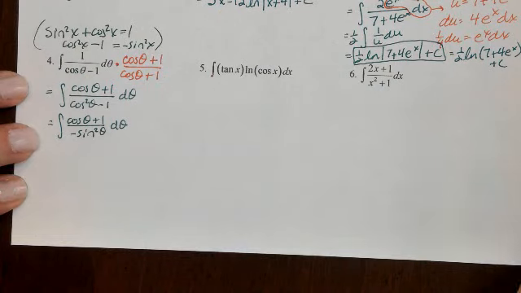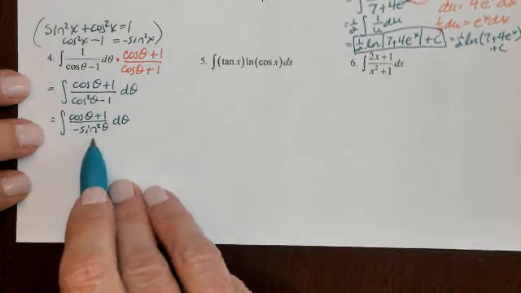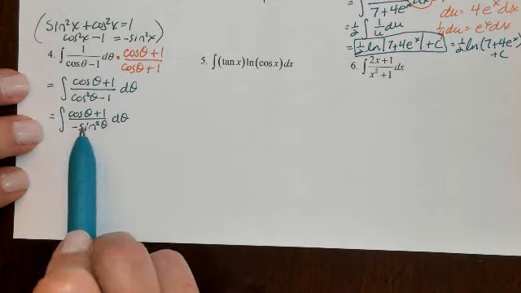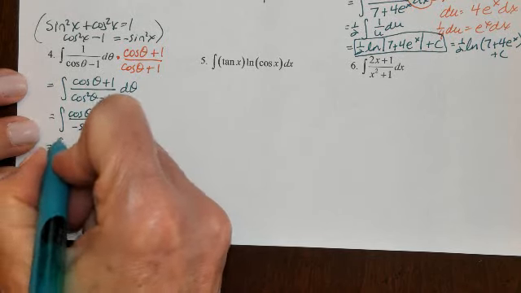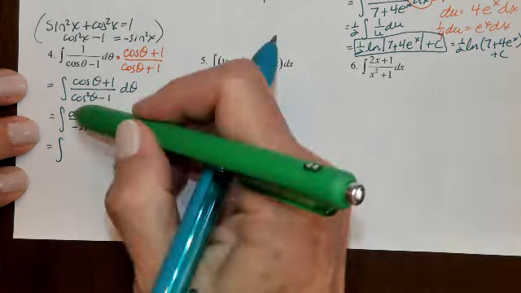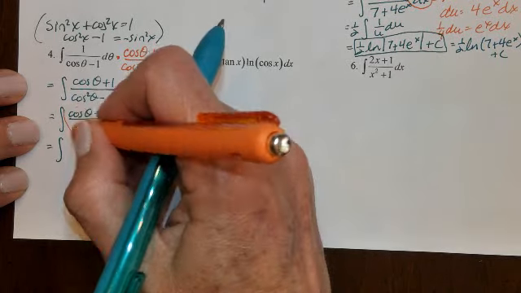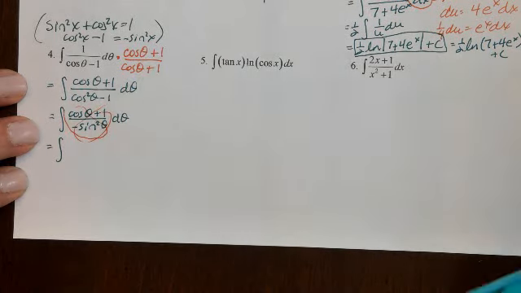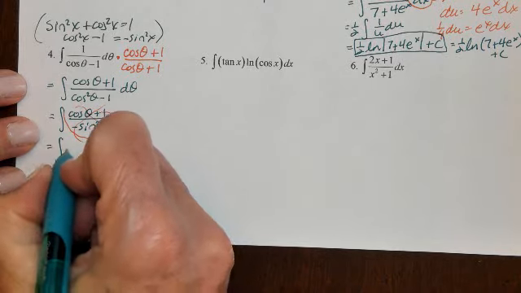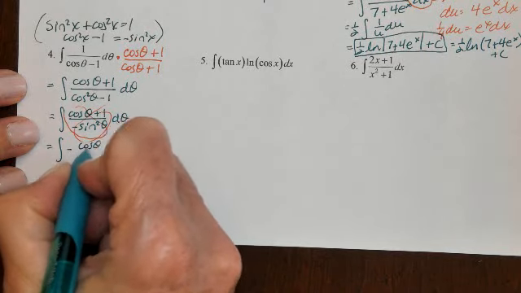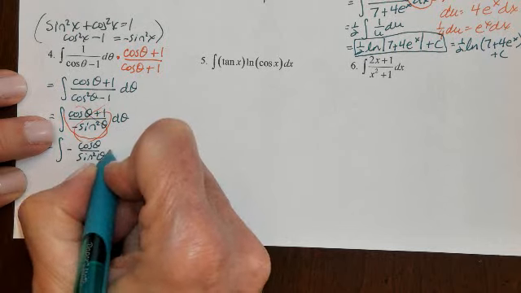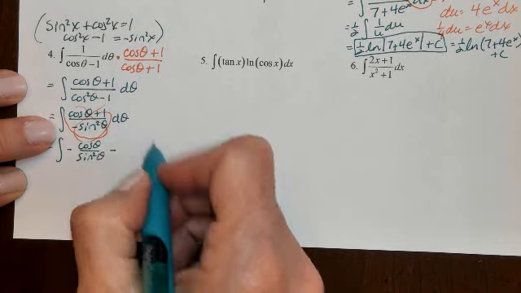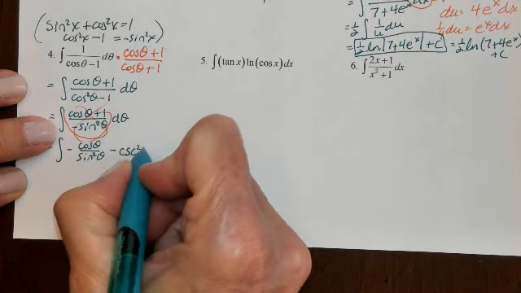Now there's a single thing in the denominator, so now I can split up the numerator, and that might be handy. So we'll have negative cosine theta over sine squared theta minus 1 over sine squared theta, which is cosecant squared theta.